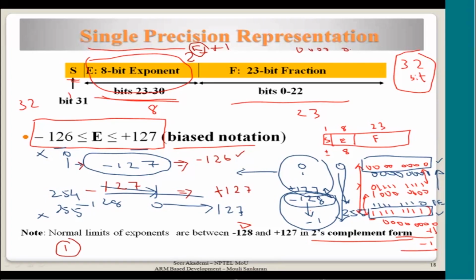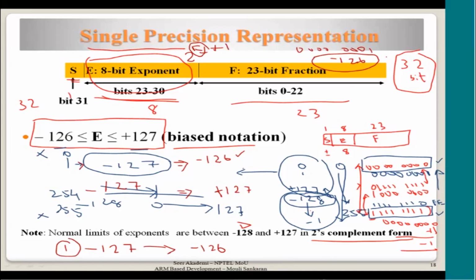I don't write it that way, I do minus 127, and then write whatever I get, which will be minus 126. I write minus 126 here, in this form, which is 2's complement, suppose.